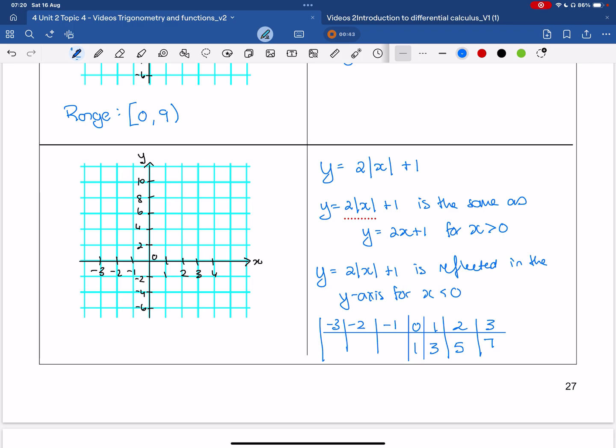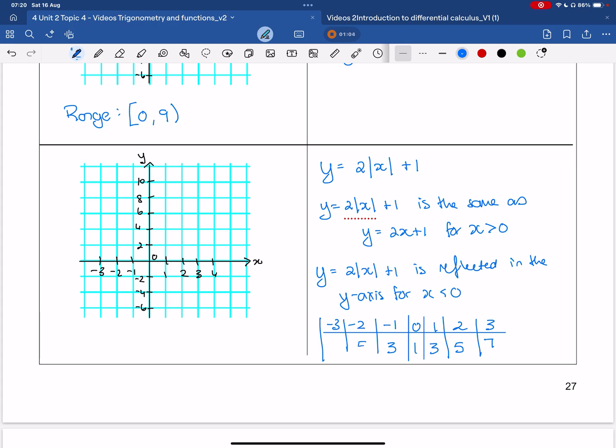When x is equal to negative 1, well, my absolute value of negative 1 is going to just be 1. So that then gives me the same answer as on the positive side. And my absolute value of negative 2 is positive 2. So 2 times 2 is 4 plus 1.